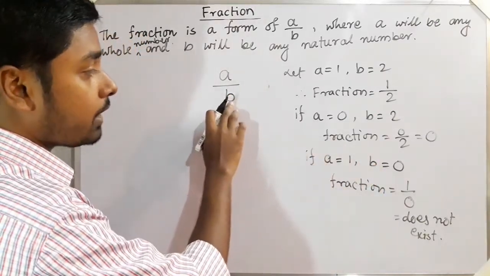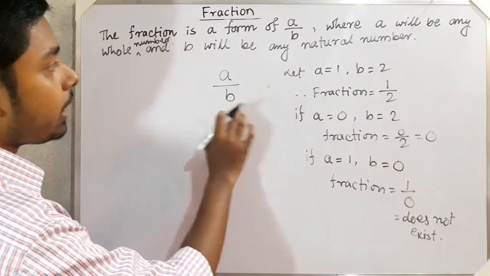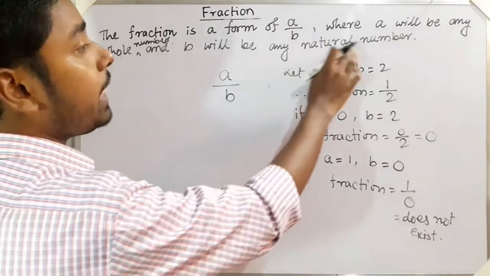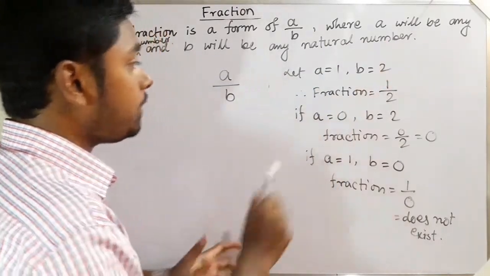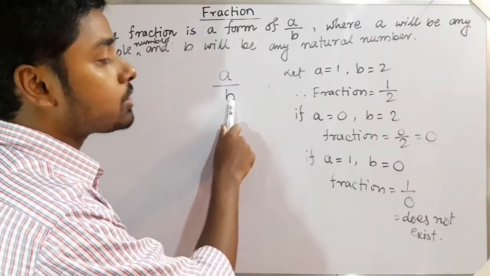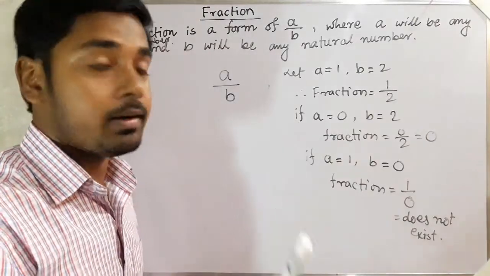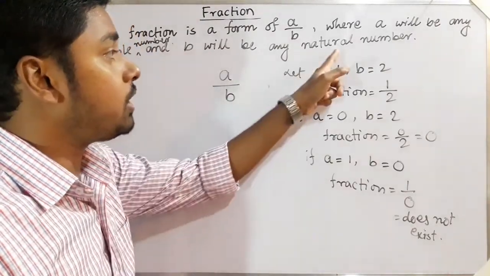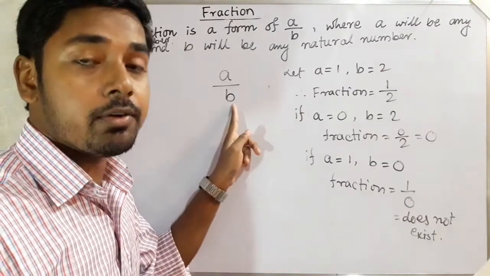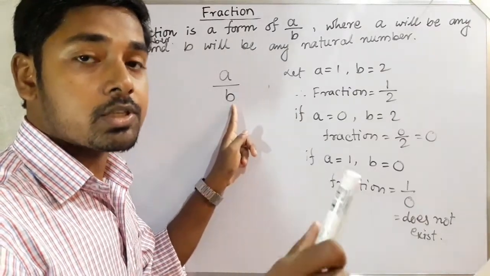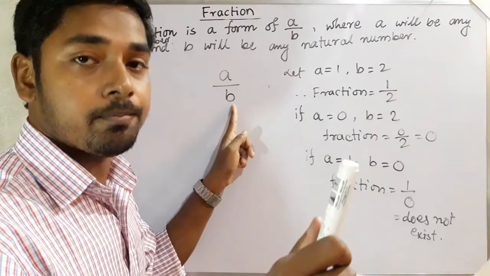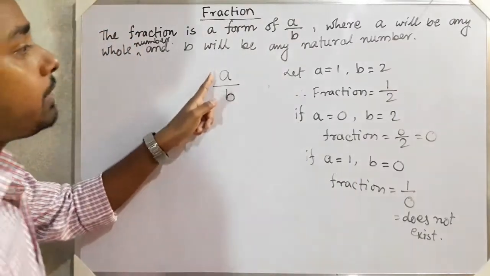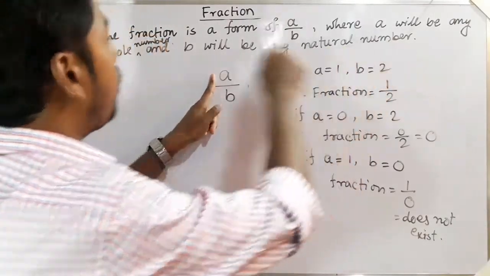The lower part can't be 0, so I have given here b will be any natural number, and natural number means it starts with 1. B starts with the value 1, and a will be any whole number.